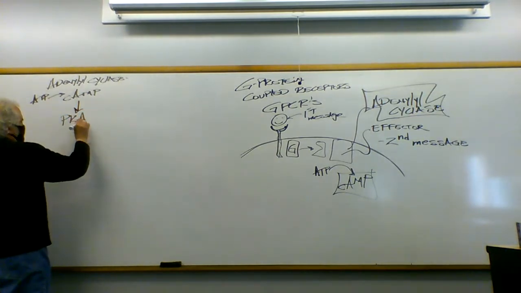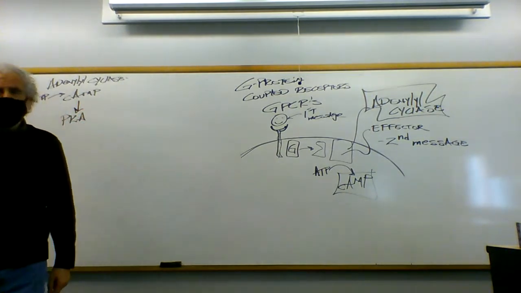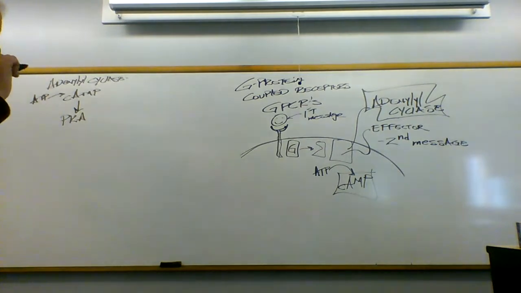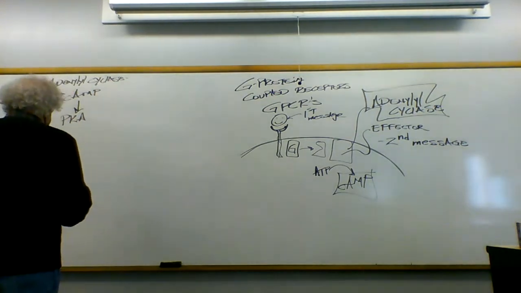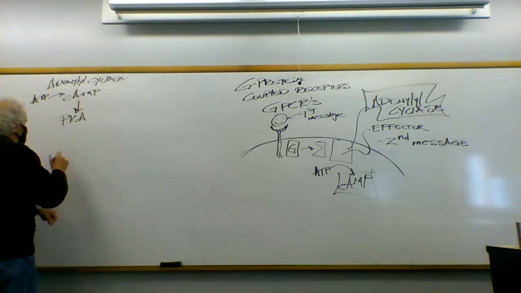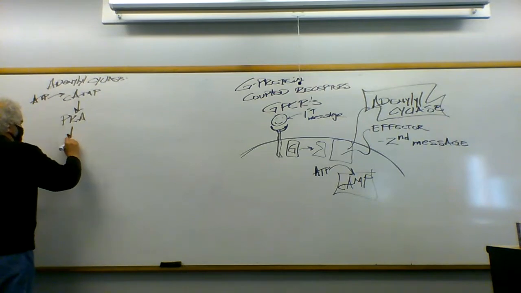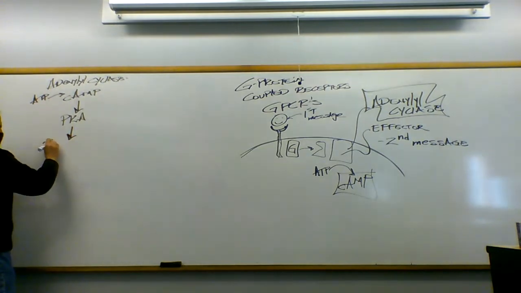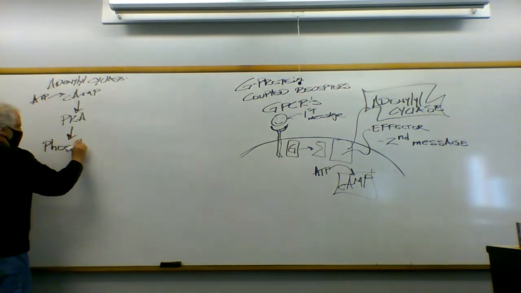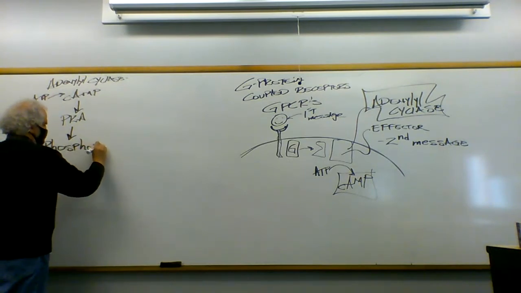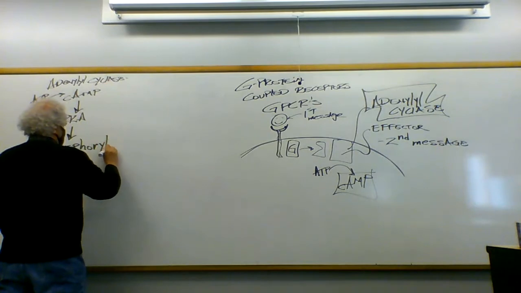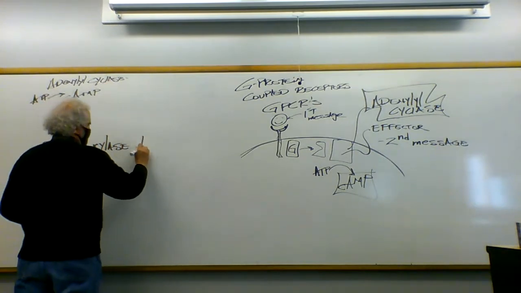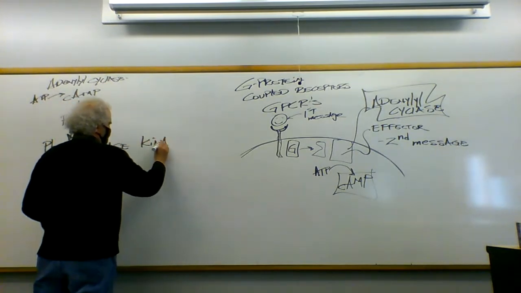PKA, protein kinase A. Protein kinase A is now going to phosphorylate one of its substrates, and in the liver, in this specific case, the next enzyme is called phosphorylase kinase.